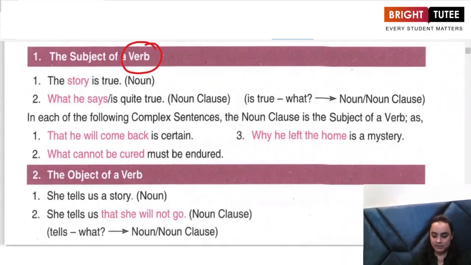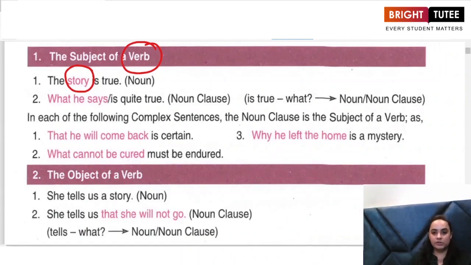Now, look at the sentence. The story is true. Okay? In this sentence, when I ask the question, what is true? The answer is story. So my noun is story. Look at the second sentence. What he says is quite true.